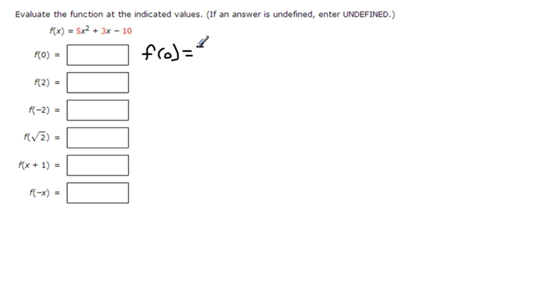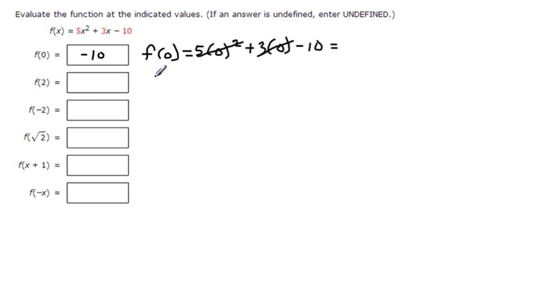We're going to write 5 times 0 squared plus 3 times 0 minus 10. Now 5 times 0 squared will simply be 0. 3 times 0 will also be 0. And we're going to be left with negative 10. Okay, so that's our first one.